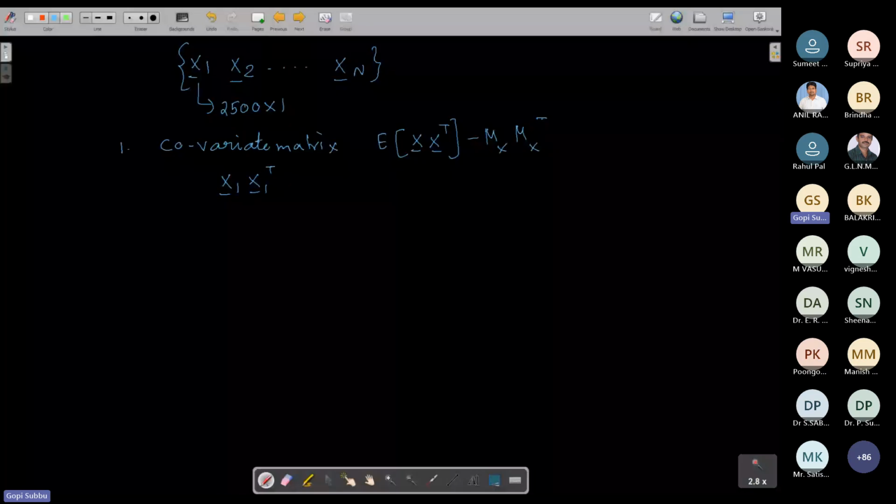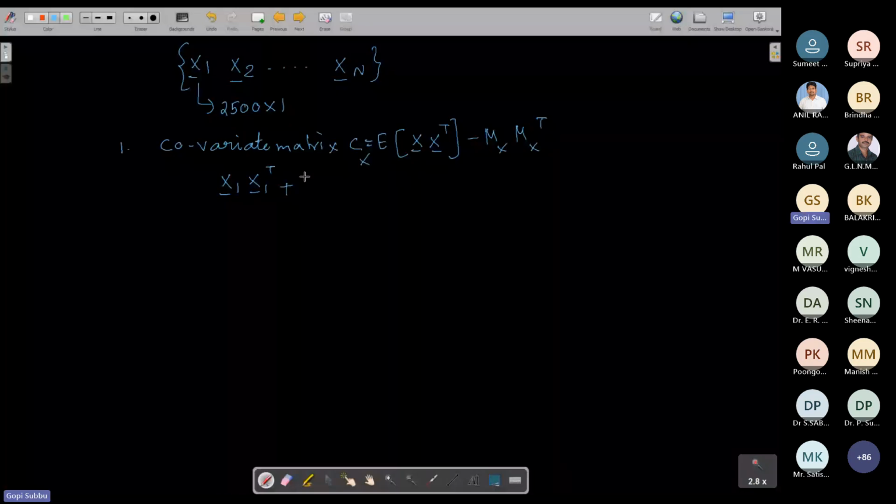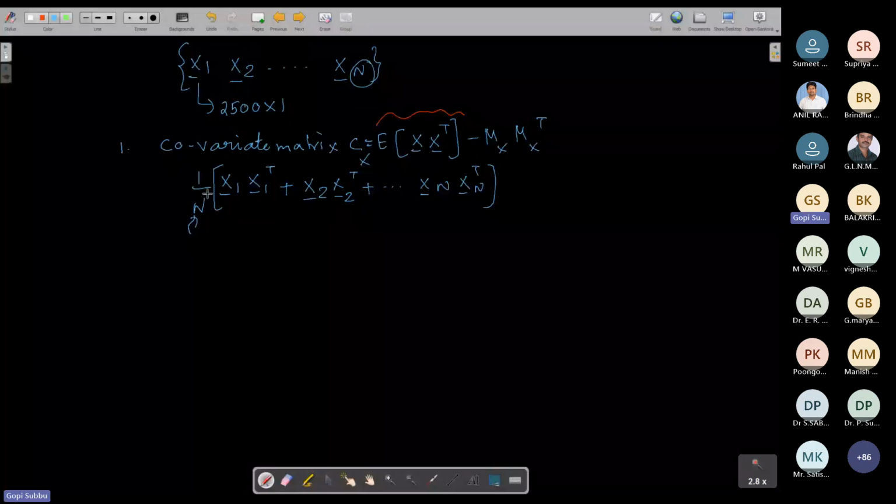We are now estimating the first term. For computing this part, we multiply x1 x1 transpose, x2 x2 transpose, and it goes like that up to xn xn transpose, and you take the average. Suppose I have n data, I divide by n. The first part is over.